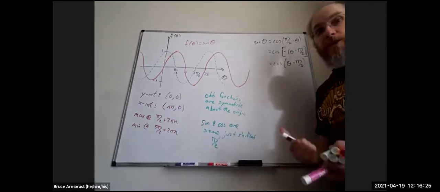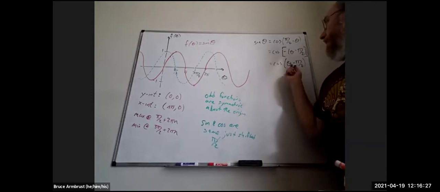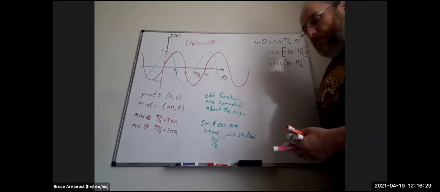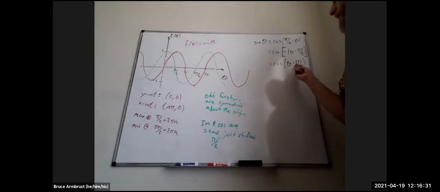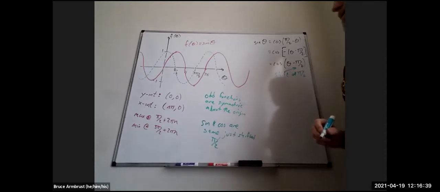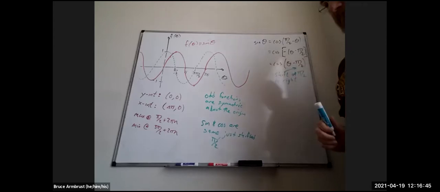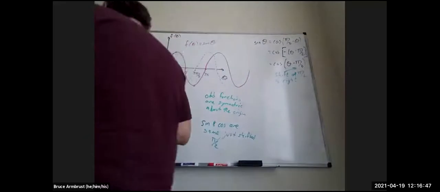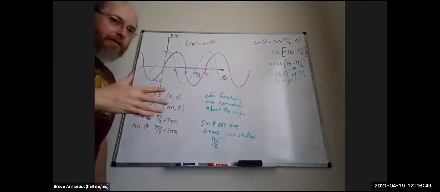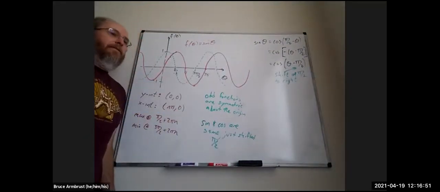Even functions, you do a negative angle, you get the same as the positive angle. And if we think about this as transformations, this is a shift of pi over 2 to the right. It's opposite what you think when you do horizontal shifts.